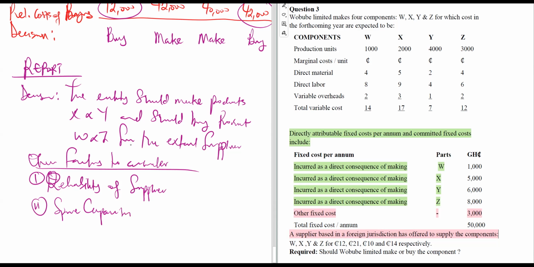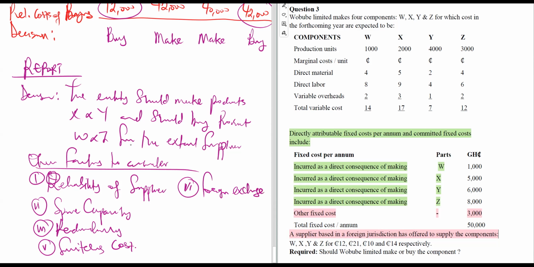Are we going to make some workers redundant because we are outsourcing? Redundancy cost. Switching cost: can we easily switch to another supplier? This one is a foreign supplier. So what about foreign exchange? Foreign exchange risk.